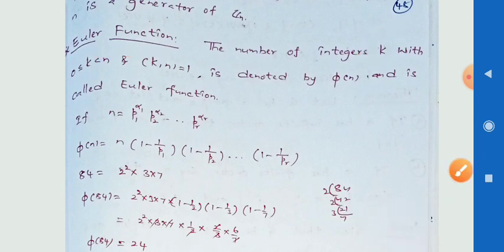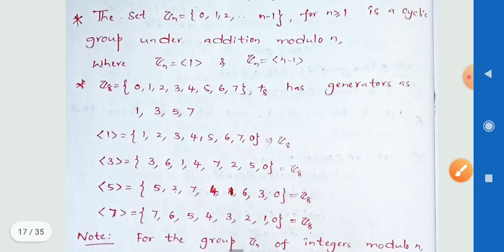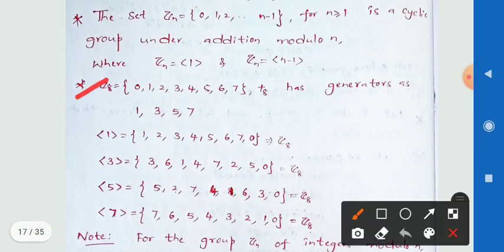Okay, last class we discussed Z8 as the group. The group contains the 8 elements 0, 1, 2, 3, 4, 5, 6, 7, and the generators are 1, 3, 5, 7. Means there are 4 generators.